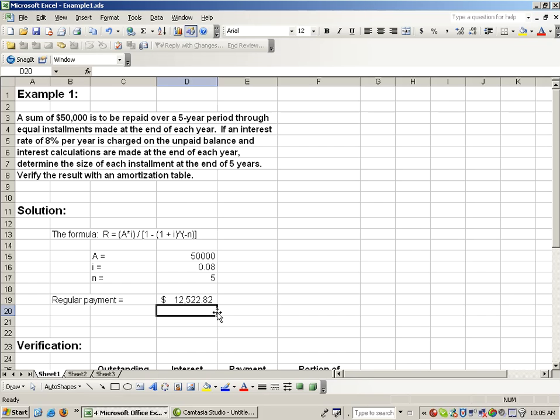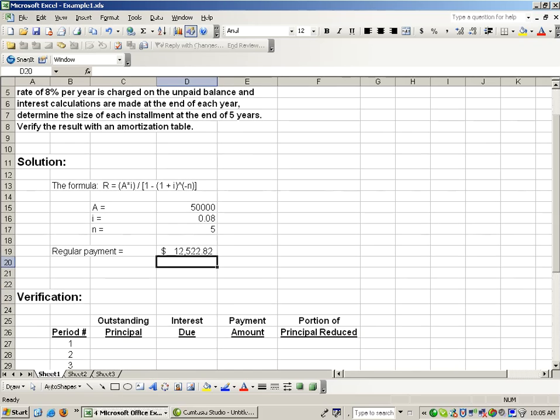Okay, so at the end of each year, the regular payment that must be paid is this amount right here. Now, let's verify all this by showing that $50,000 is actually going to be repaid over the 5-year period under these conditions. So to do this, we're going to create an amortization schedule.